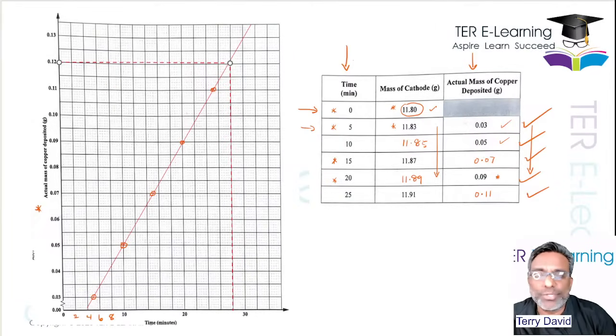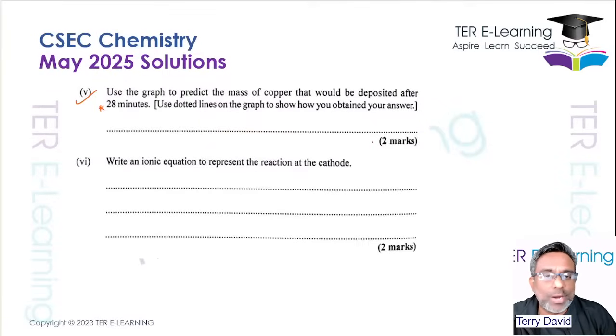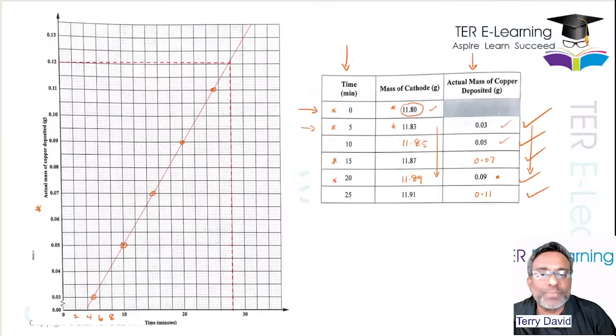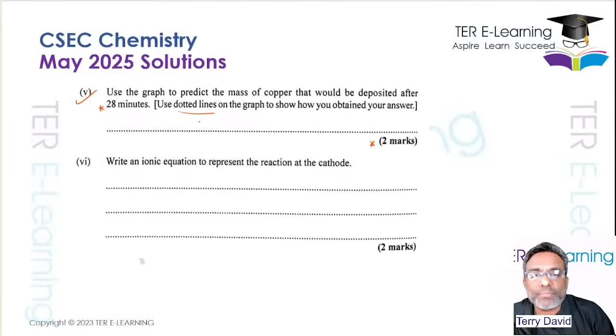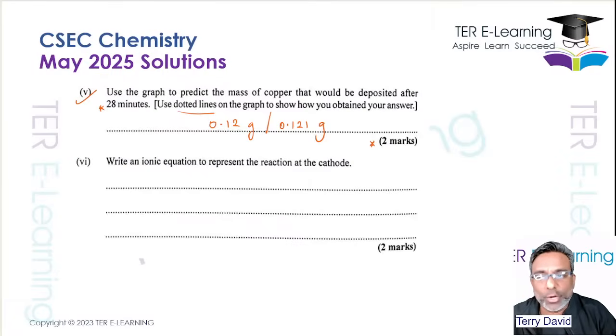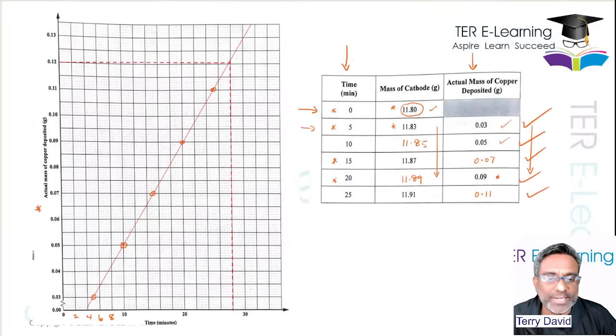This is 2 marks, so 1 mark for drawing your dotted lines, and after 28 minutes, the answer will be about 0.12 grams or 0.121. The copy is not a good graph, so it's slightly off.